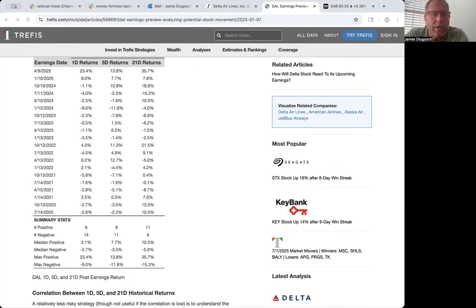The max loss is, let's see, what is the max? I'm going to check one thing here really quick just to make sure I did the calculation correctly. I'm going to look at option prices, and the 56 call option is 34 cents.